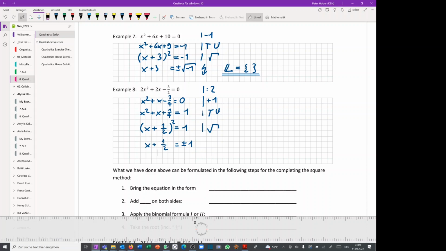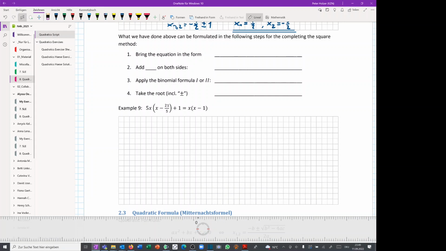Now subtracting a half, we get x1,2 equals minus 1/2 plus minus 1, which means we get two results now: x1 equals 1/2, that's minus a half plus 1, and x2 equals minus 3/2, this is minus 1/2 minus 1.